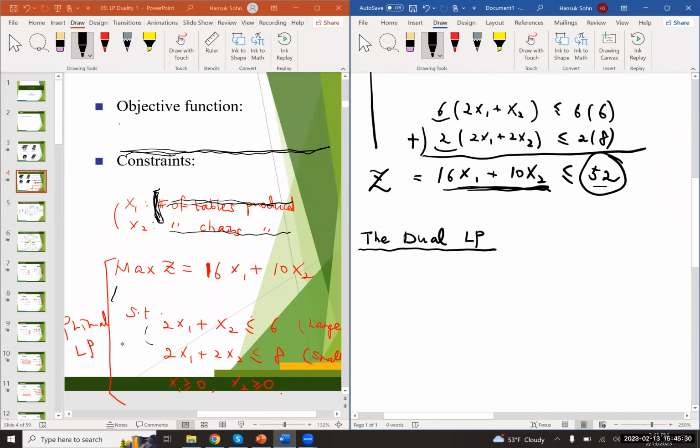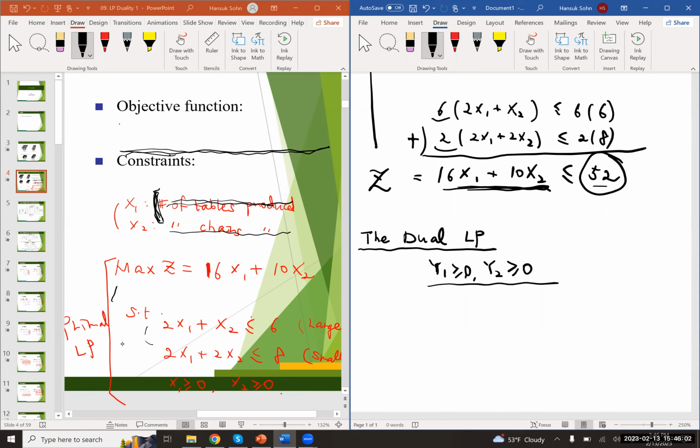So we want to multiply the constraints by non-negative numbers. So let's use y1 and y2, and both y1 and y2 are greater than or equal to 0.